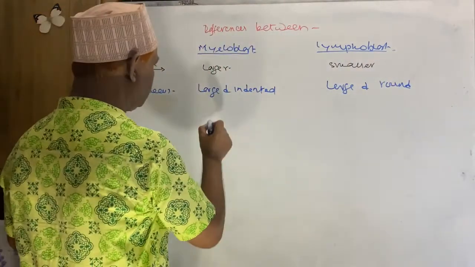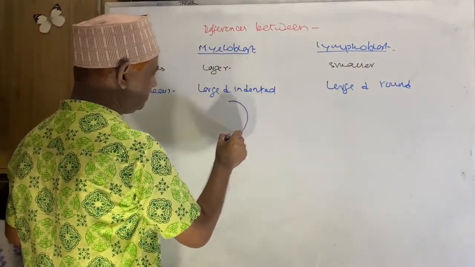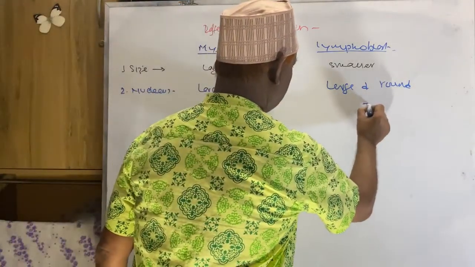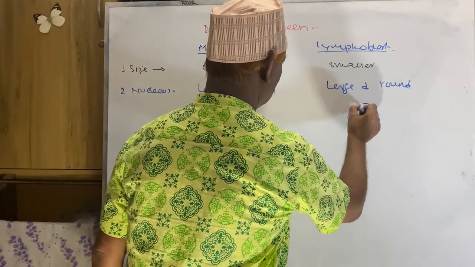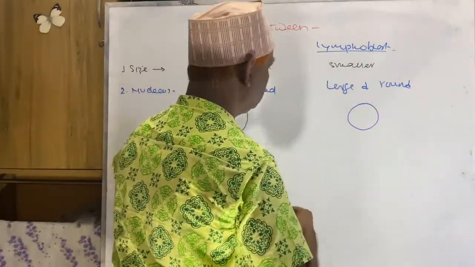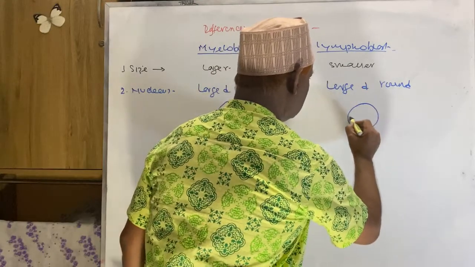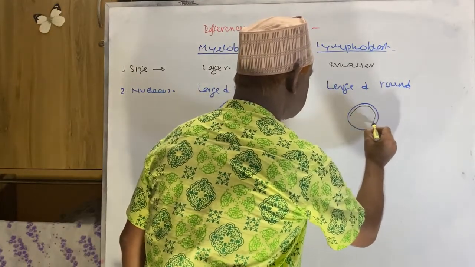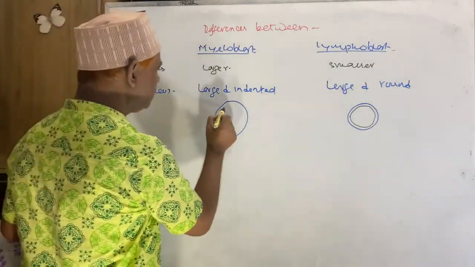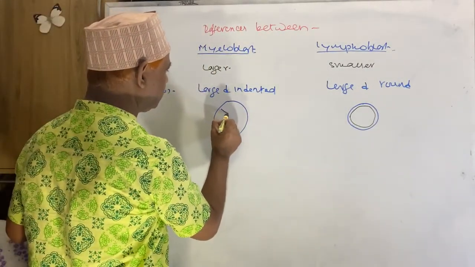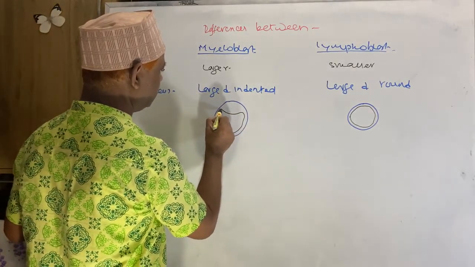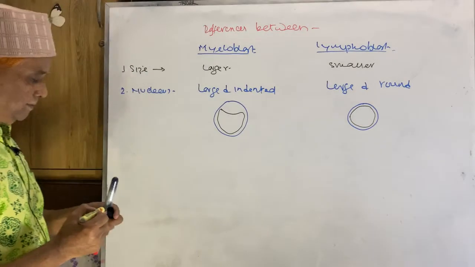If you consider, this is a large cell myeloblast and this is a large cell lymphoblast but smaller than myeloblast. There is a large and round nucleus like this, but in case of myeloblast, the nucleus is a bit indented like this. So this is the indented nucleus of myeloblast.